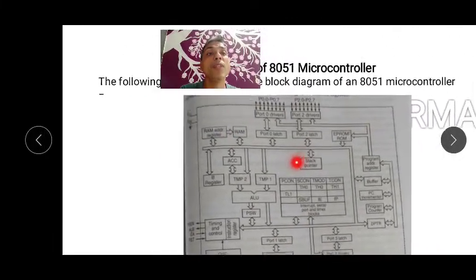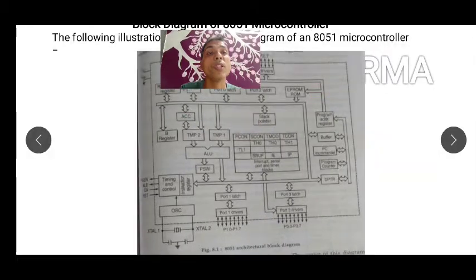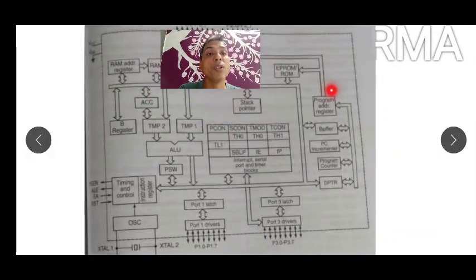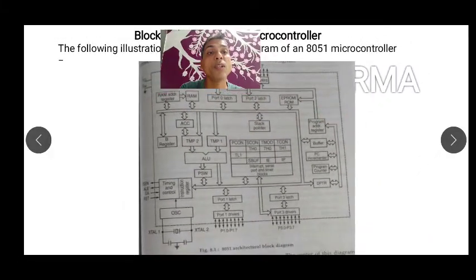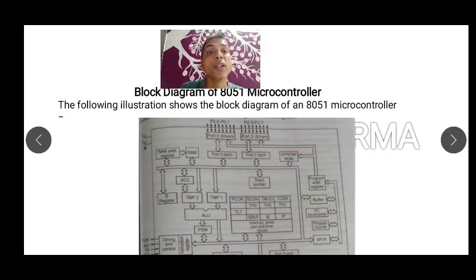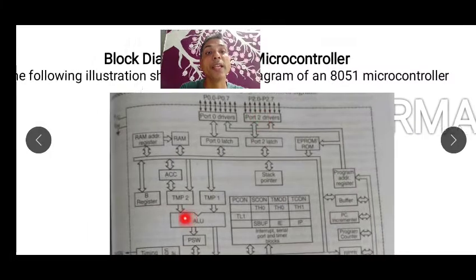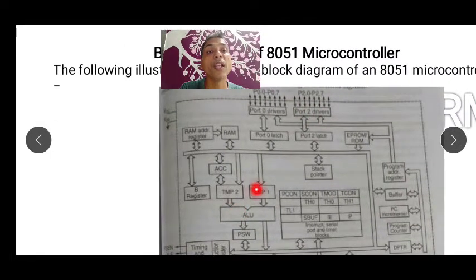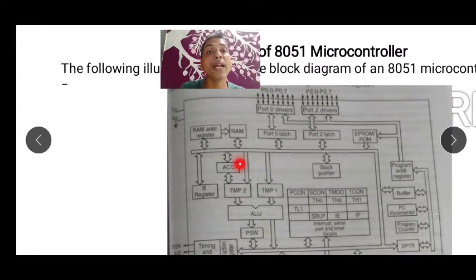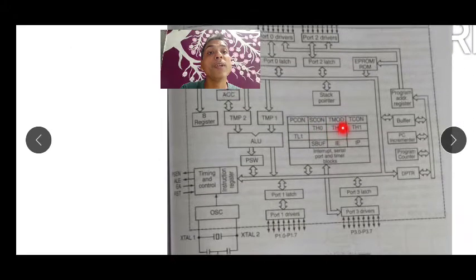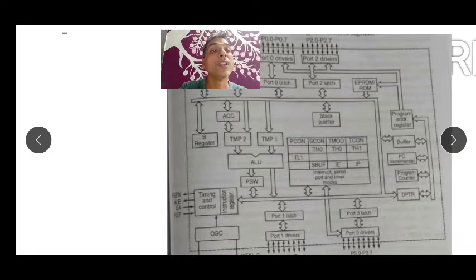Now the last topic is the block diagram of the 8051 microcontroller. This mostly comes for 3 to 4 marks. Can you see we have 4 ports, and all are 8 bits. There is an ALU section, then temporary registers, accumulator, RAM, and we also have the B register, the program address register, and ROM or EPROM.